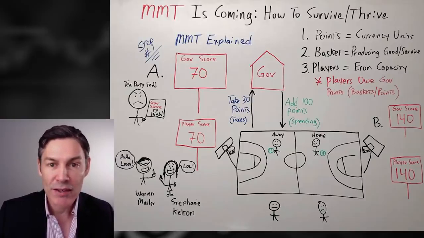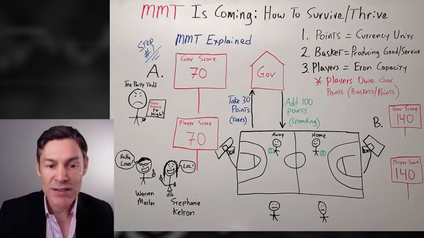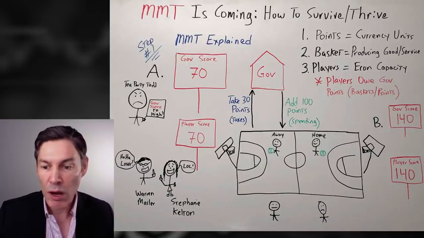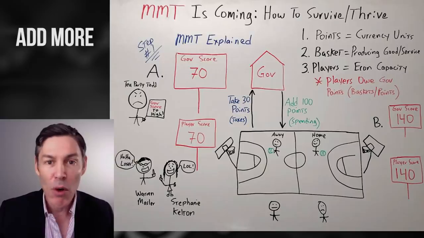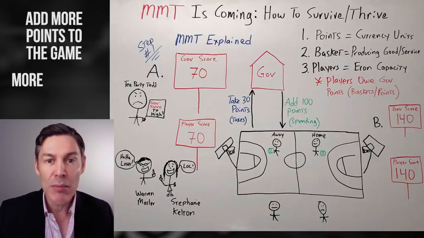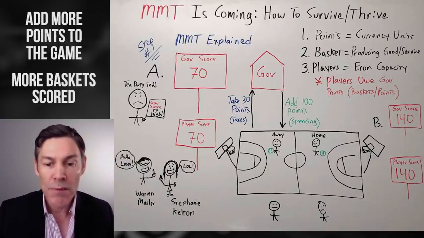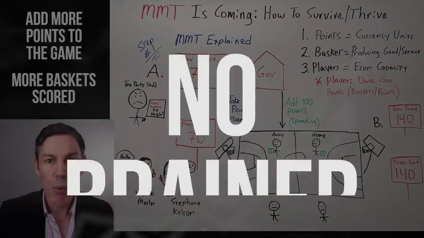They can make baskets at the exact same time. And instead of scoring 70 points this game, well, we'll go ahead and score 140 points. All we have to do is add more points to the game, and there'll be more baskets scored because more players will be involved. No brainer.